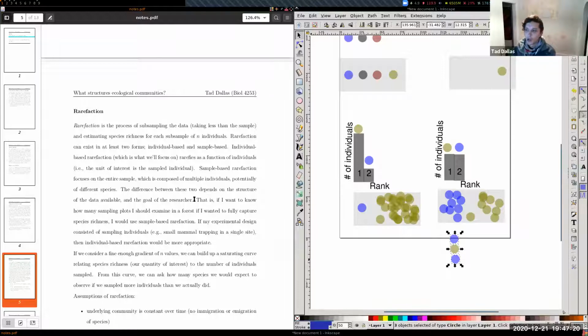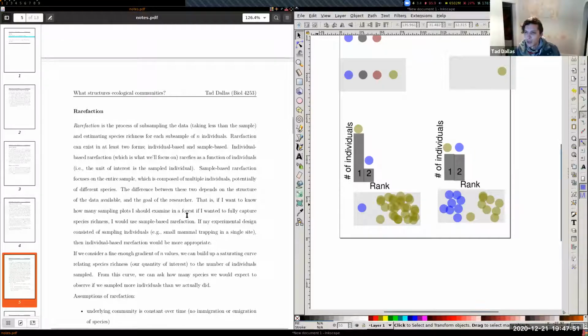That would be a good application of a rarefaction-based richness estimator. That being said, you can also use rarefaction to get at the expected number of species in a community when you only have a smaller amount of data, when you have an incomplete census, when you don't have a census, you have a sample.